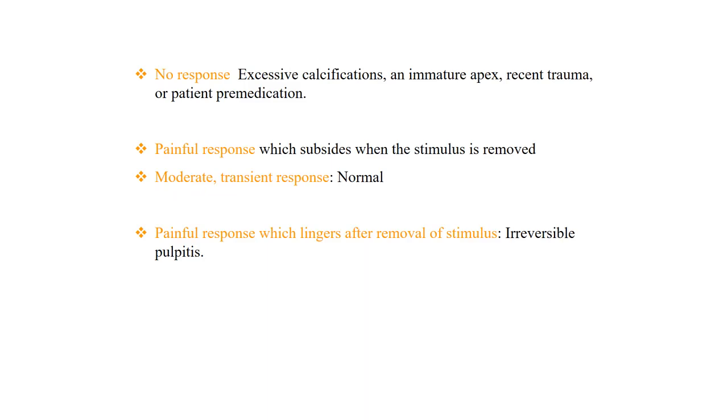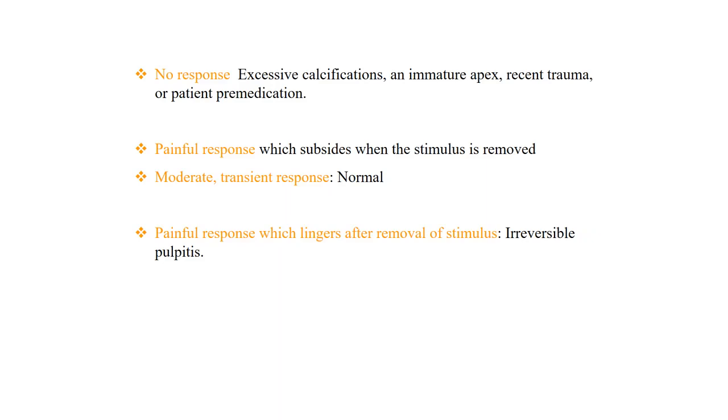Now let us go over to the responses to these thermal tests. In case that you have done a heat or a cold test and you are not eliciting any response, it counts as no response. Either the pulp could be necrotic.